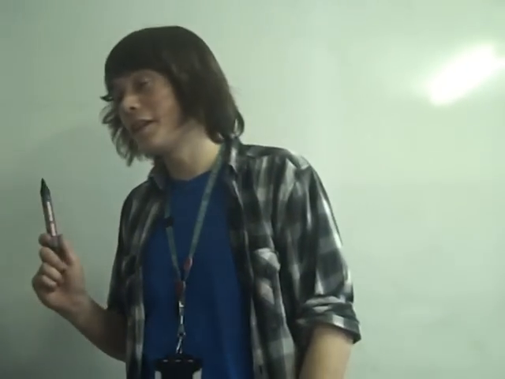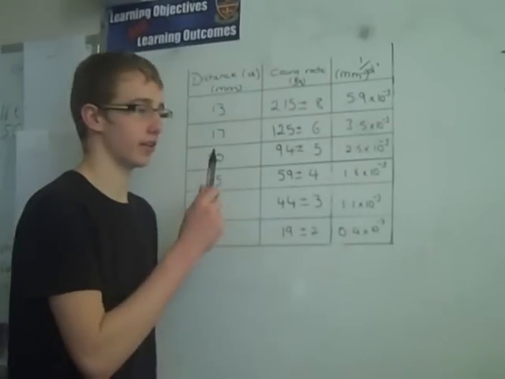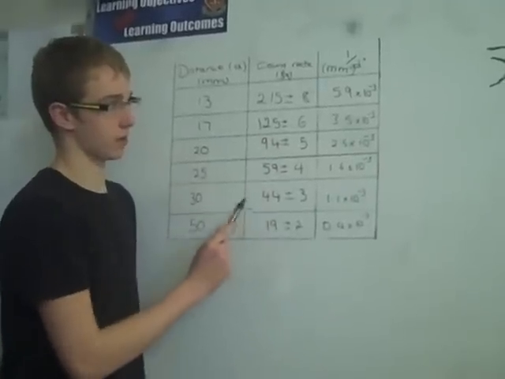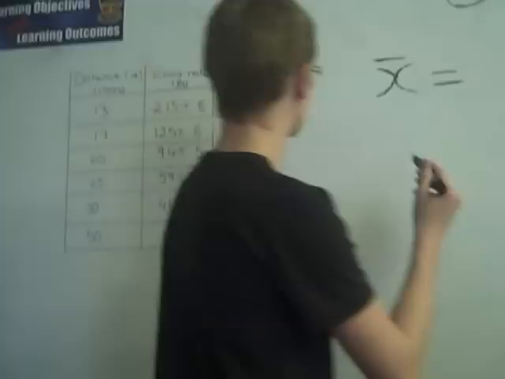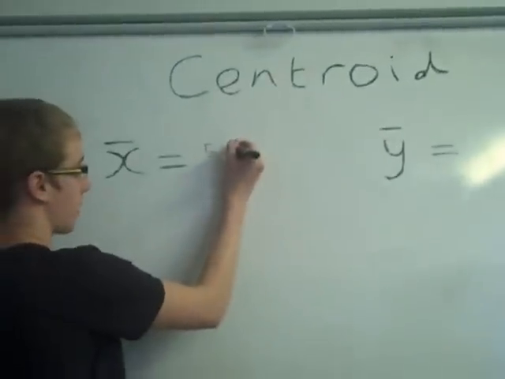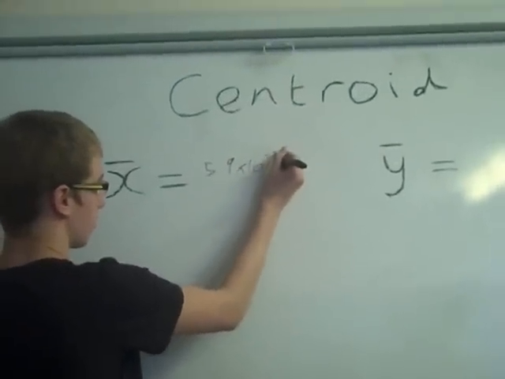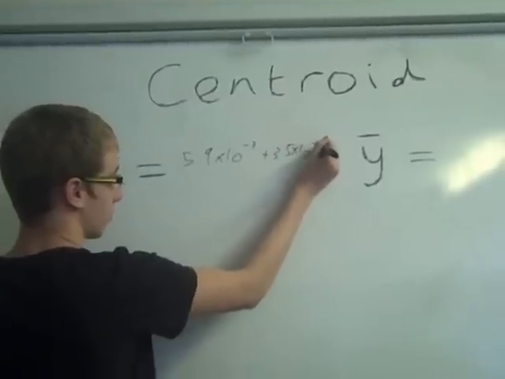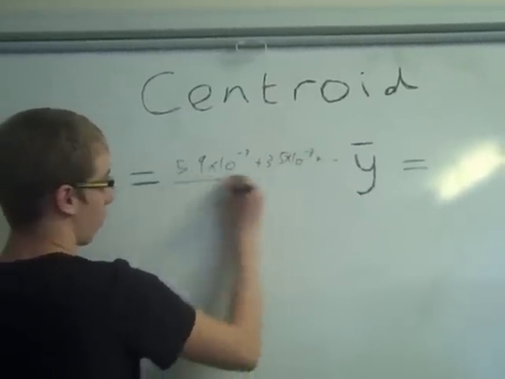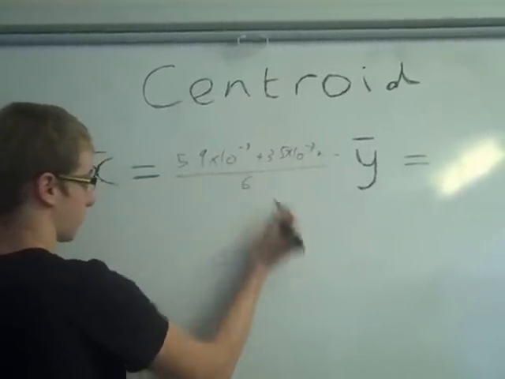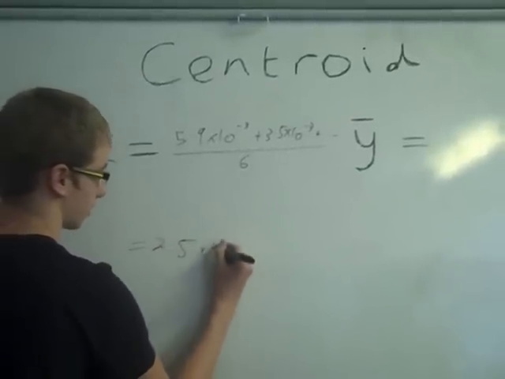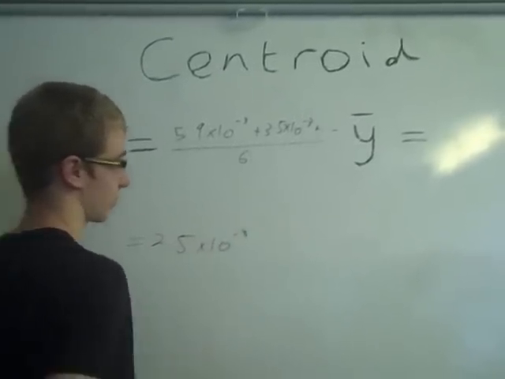Tom will now explain about the centroid. To calculate the centroid, you need to work out the mean of the x values and the y values. So, to calculate the mean of the x values, you do 5.9 times 10 to the minus 3 plus 3.5 times 10 to the minus 3 plus whatever, all over, in this case, 6, which would equal 2.5 times 10 to the minus 3.